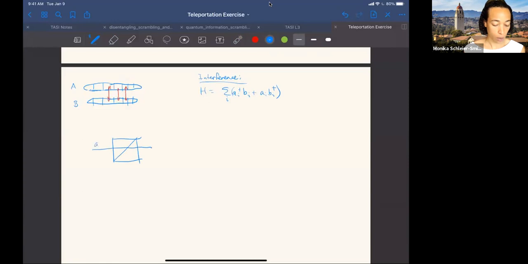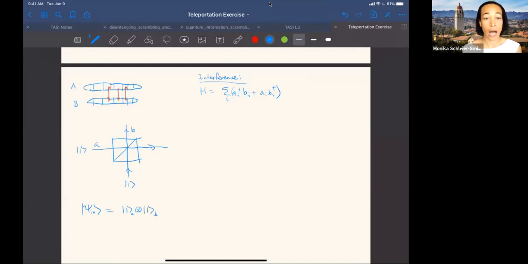I have some mode that I'm calling A, which would be horizontal, and a mode that I'm calling B. So I can do a mapping to a case where I have 2 photons incident on the beam splitter. As a question, imagine that I had exactly 1 photon incident on each port of the beam splitter. So my psi in is 1 in mode A cross 1 in mode B.